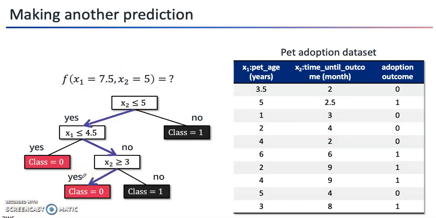So the previous scenario was an illustration for making a prediction basically with the training data.